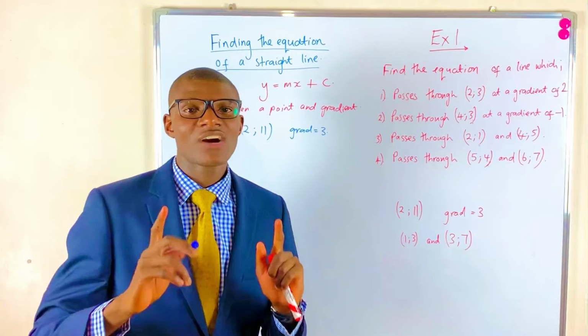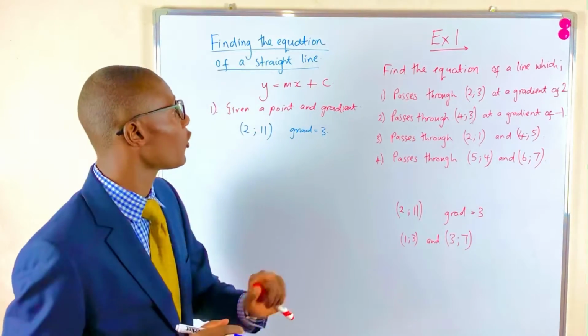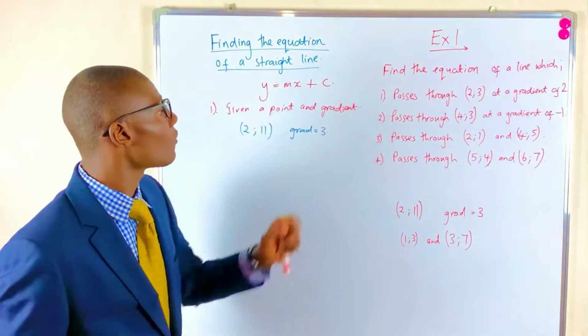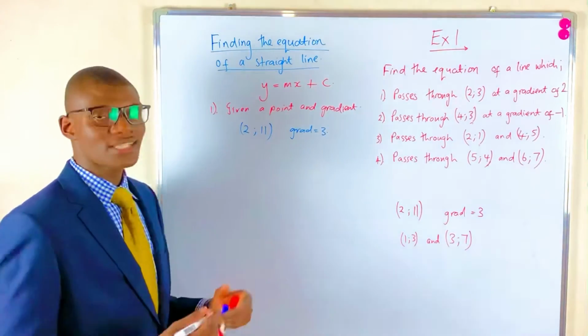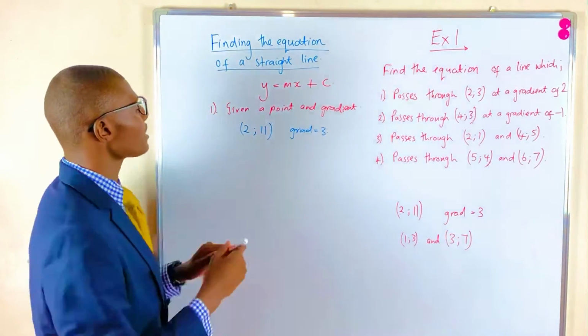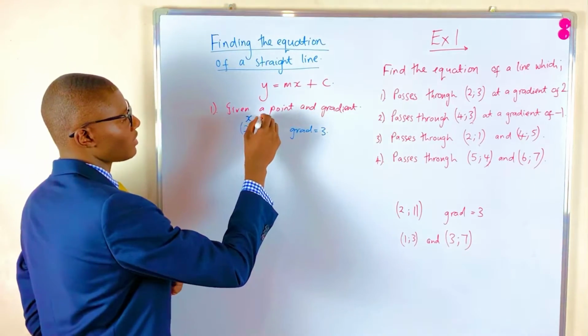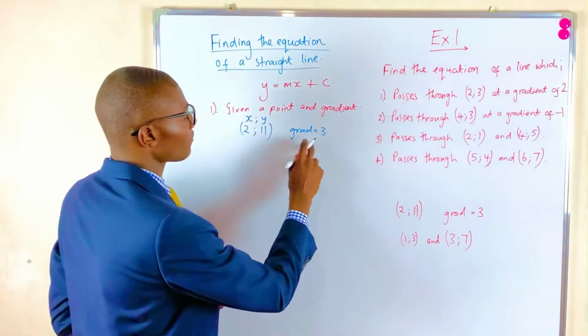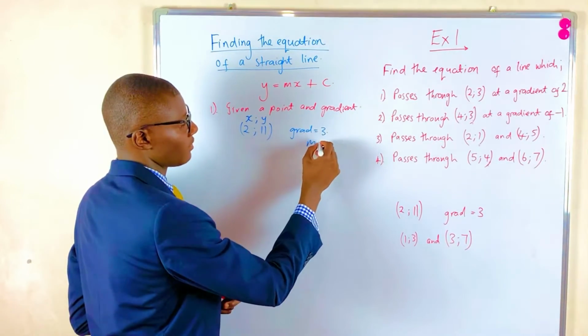So basically our task with this first scenario will be to simply calculate c, which is the y-intercept. This is how we calculate c. We know that this is the x coordinate, that's the y coordinate, and this is the gradient m, which is 3.